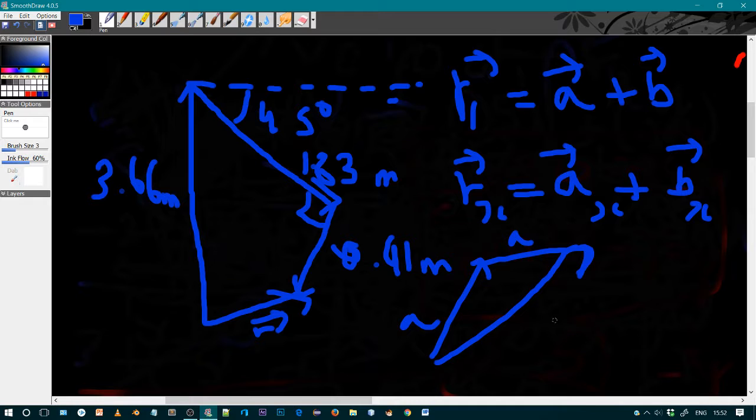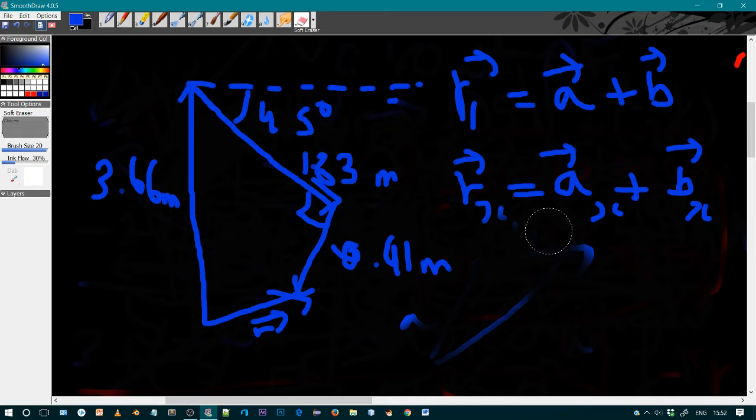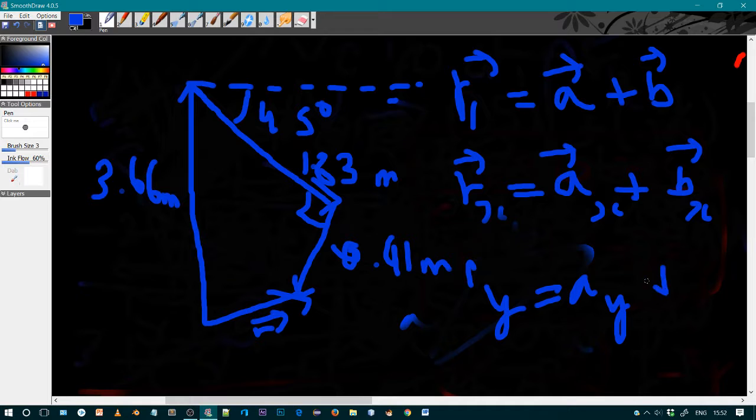The x component of this vector plus the x component of this vector should be the x component of the resultant. Similarly, the y component should also work: ry should be equal to ay plus by. Don't forget the arrow sign right here.